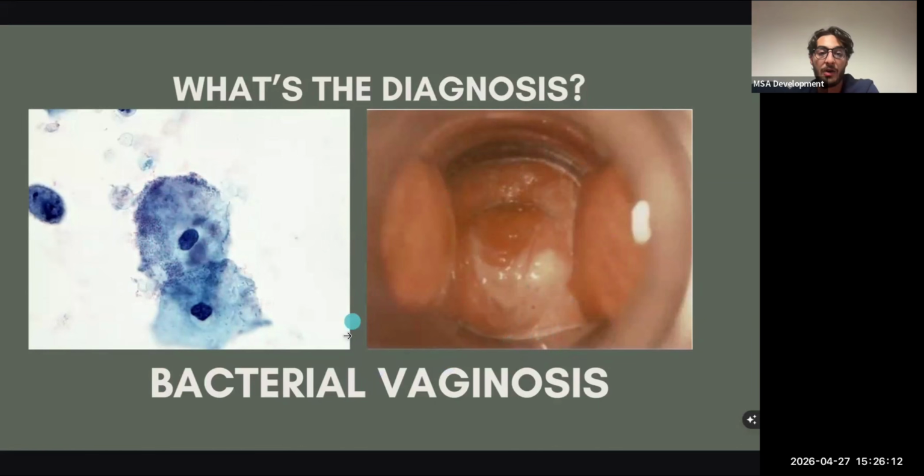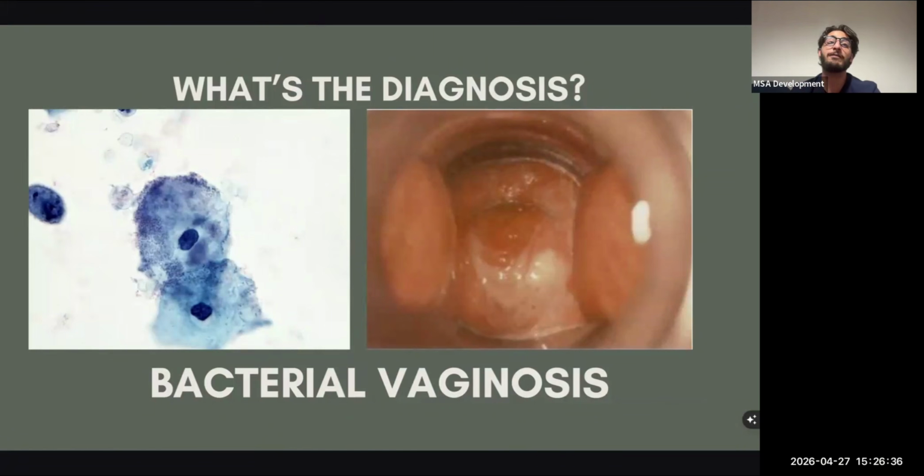First of all, I want to clarify the idea. There's sometimes a lot of confusion about BV and the role of lactobacilli. Inside of the vaginal flora, there's a bacteria called lactobacilli, and lactobacilli inhibits the growth of other bacteria that could grow in that environment.